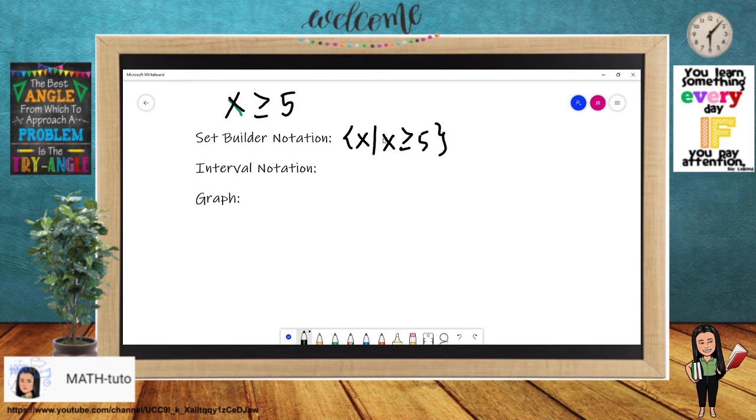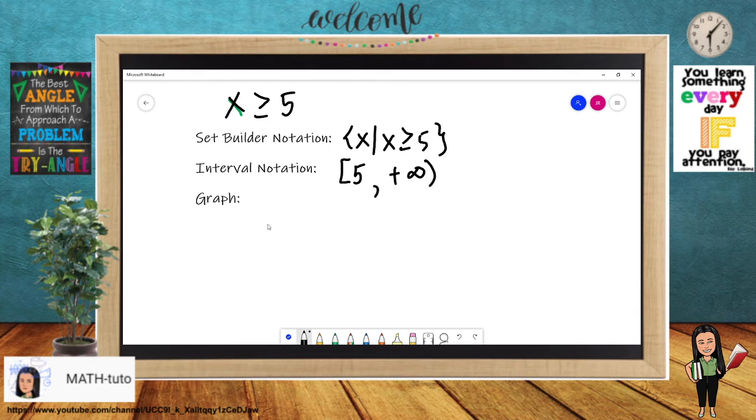Okay, that is our solution set in set builder notation. In interval notation, it means brackets, bracket na ilalagay, and then 5, and then positive infinity, parenthesis. Kasi greater than 5. So, papunta siya lang positive infinity.